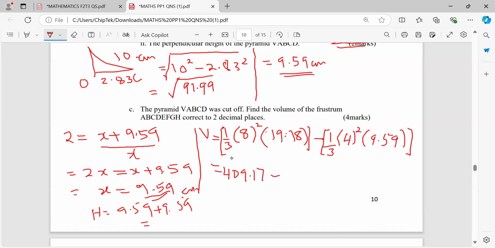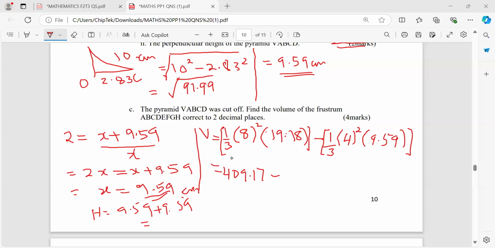Minus a third times 4 squared times 9.59. So a third times 4 squared times 9.59 is 51.15.